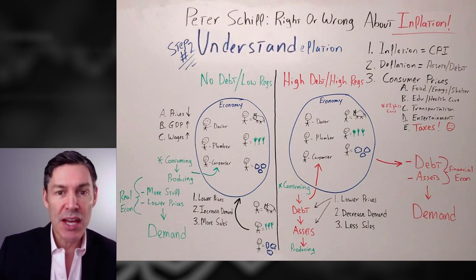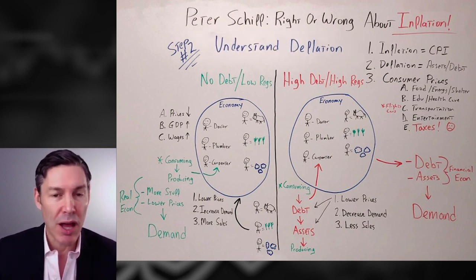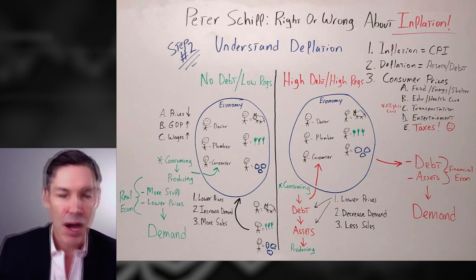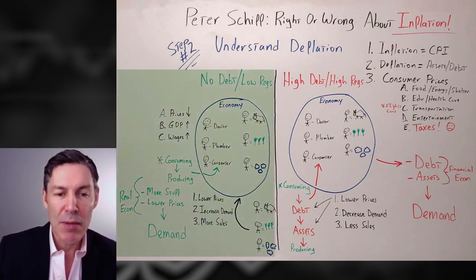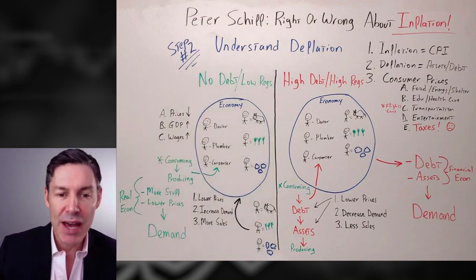So to understand deflation a lot better and why some people and a lot of economists today see deflation as the boogeyman, let's look at two completely separate economies. On our left, we have an economy very similar to the 1800s, so very little debt and low regulation.